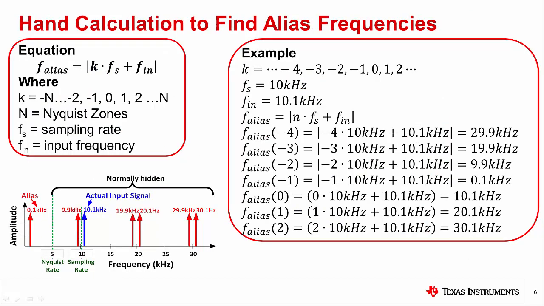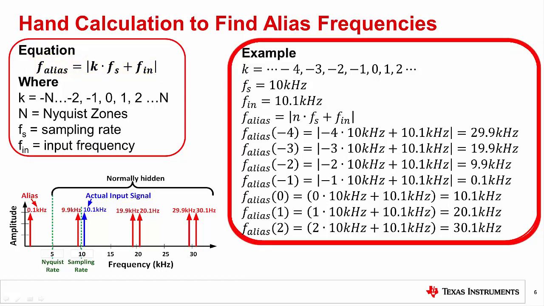The alias frequencies can be calculated using the simple equation shown, where Fs is the sampling rate and Fin is the input frequency. Also, k is an integer from -n to +n, where n is the number of Nyquist zones. To find the alias, you take the absolute value of k times Fs plus Fin.